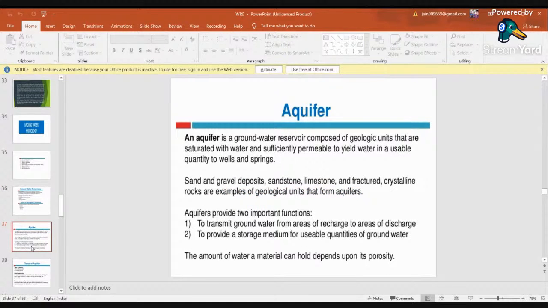An aquifer is defined as a groundwater reservoir composed of geological units that are saturated with water and sufficiently permeable to yield water in usable quantity to wells and springs.